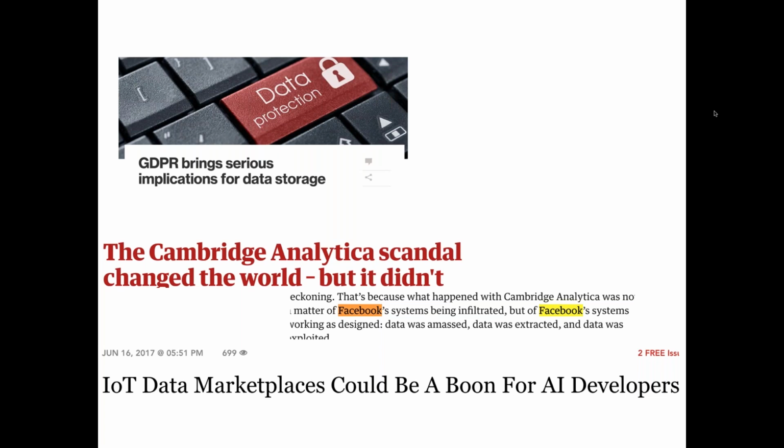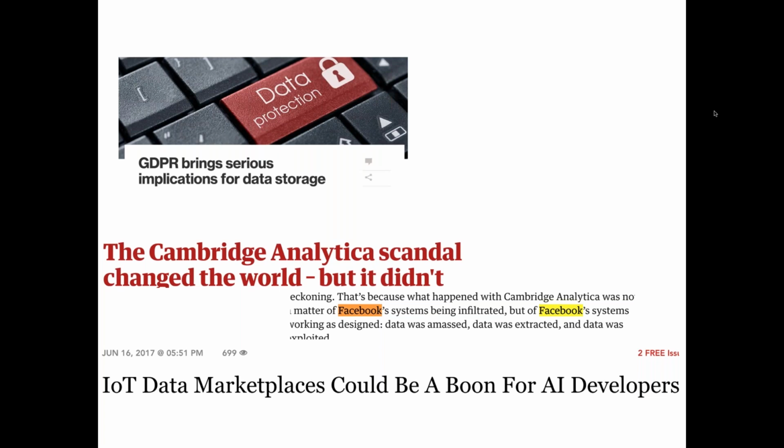Another topic that I will touch upon is data trading, which means that you can actually trade data for certain benefits. And why is this important?